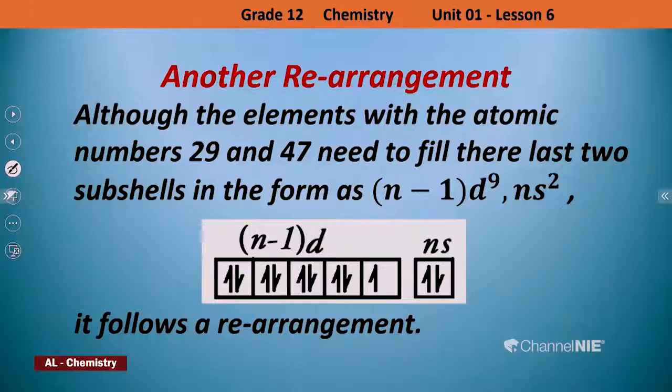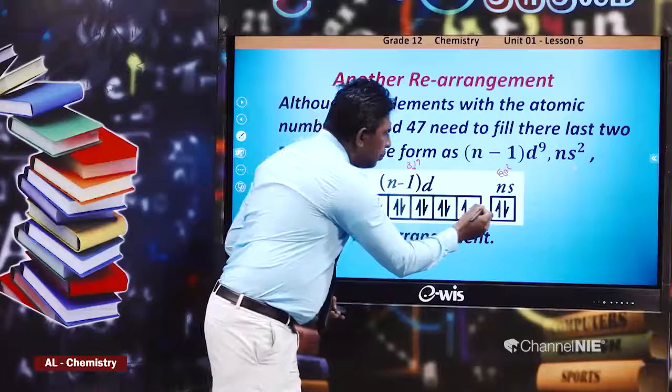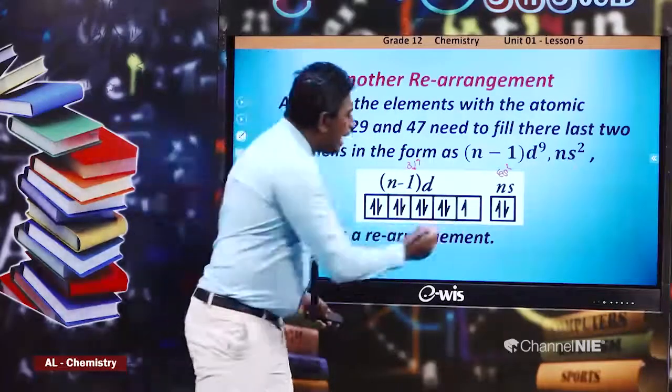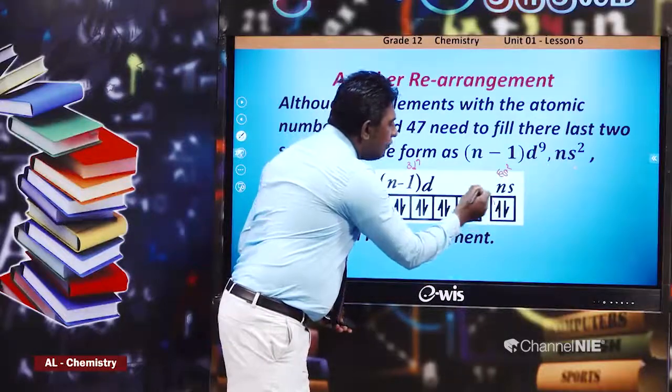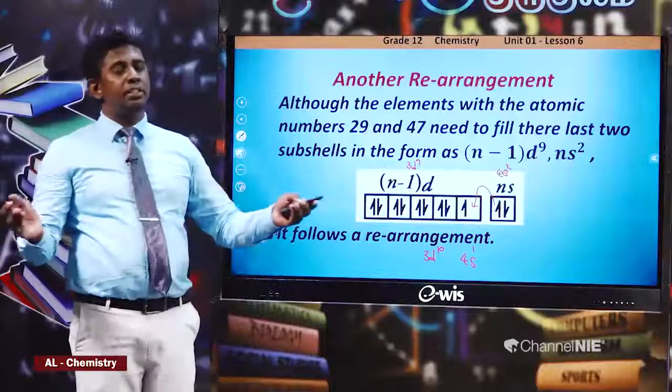Let's assume this is 4s2 and this is 3d9. Then you lack one more electron in 3d to become stable. If one jumps here, is excited and rearranged, it makes 3d10, 4s1. With half filled s and fully filled d, you could reach a stable electronic configuration.